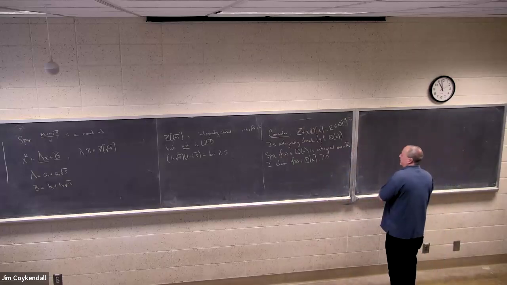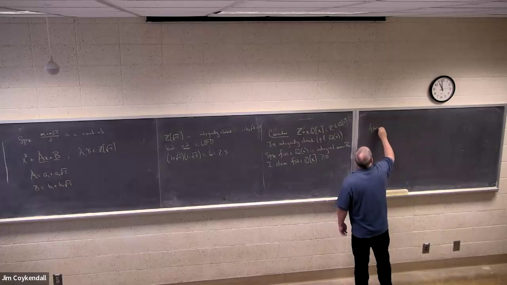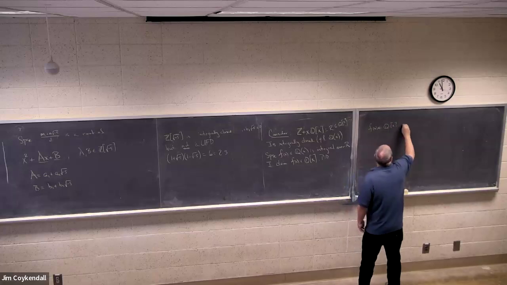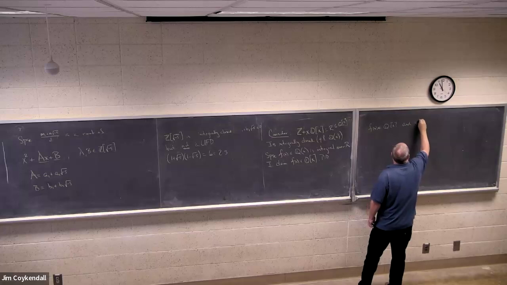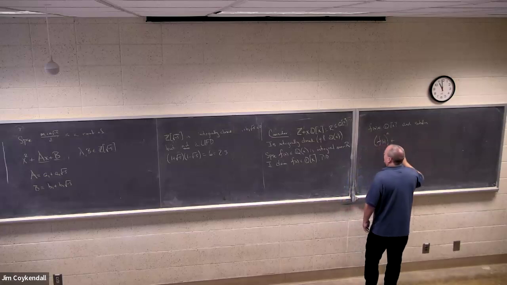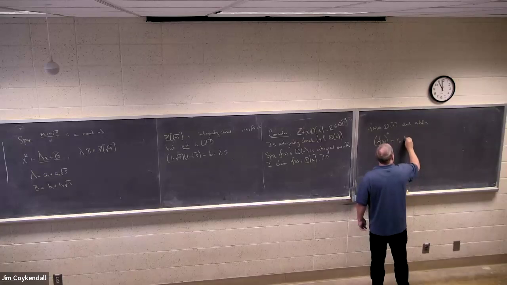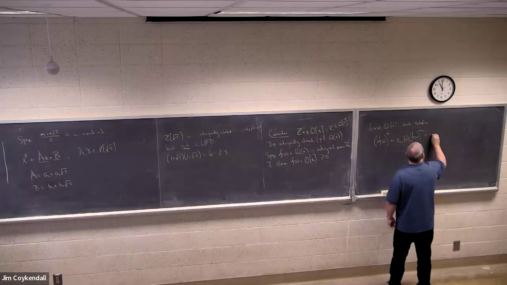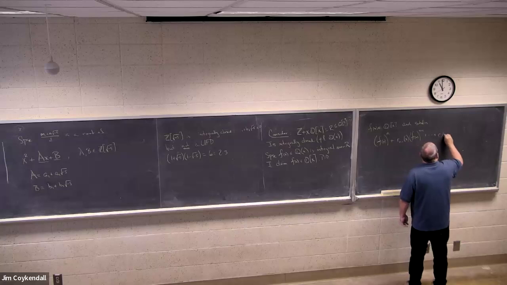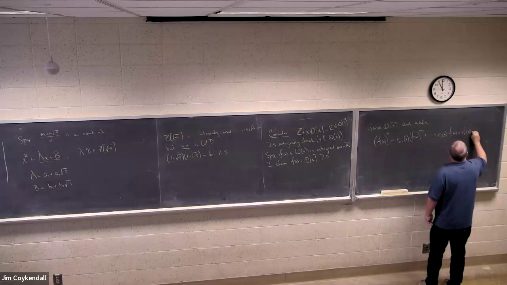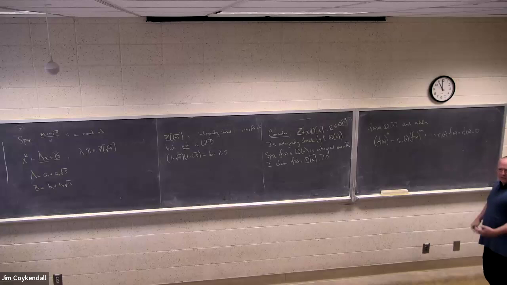So suppose we can assume that f(x) is in Q[x] and it's integral, satisfying f(x)^n + r_{n-1}(x) f(x)^{n-1} + ... + r_1(x) f(x) + r_0(x) = 0. Assume it's integral like that.